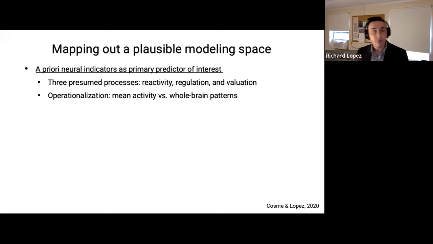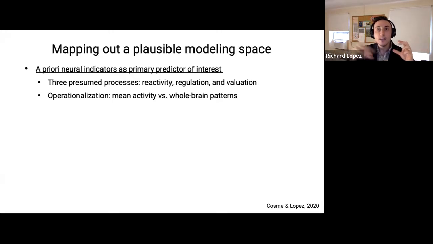But importantly, in terms of how we operationalize the brain activity, we had two ways we could do it. We could look at the average activity in particular regions, or we could look at whole brain patterns. It's a different way to analyze the data, but it assumes that the brain is carrying out these psychological processes of interest across regions.